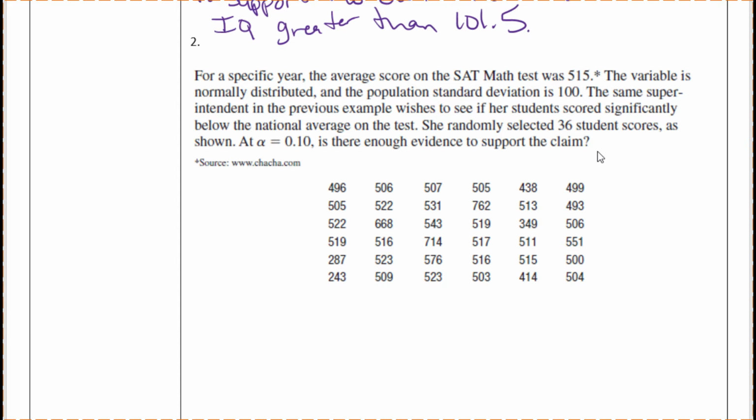Okay, so for a specific year, the average score on the SAT was 515. The variable is normally distributed, and the population standard deviation is 100. So the population average is 515, and the population standard deviation is 100.